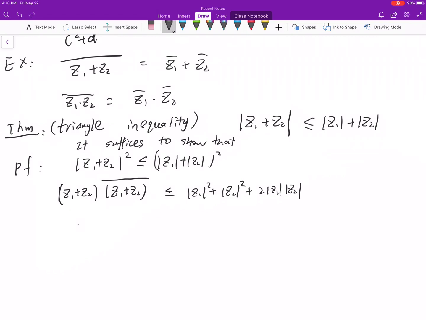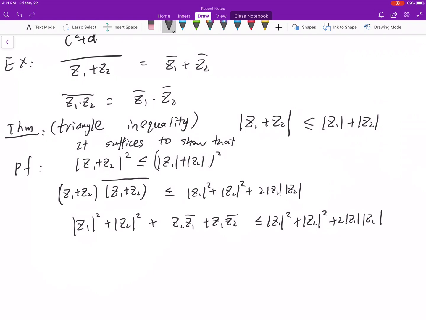Okay, and then the left-hand side, you compute it, you find this is |z1|^2 + |z2|^2 + z2 conj(z1) + z1 conj(z2), less than or equal to |z1|^2 + |z2|^2 + 2|z1||z2|.